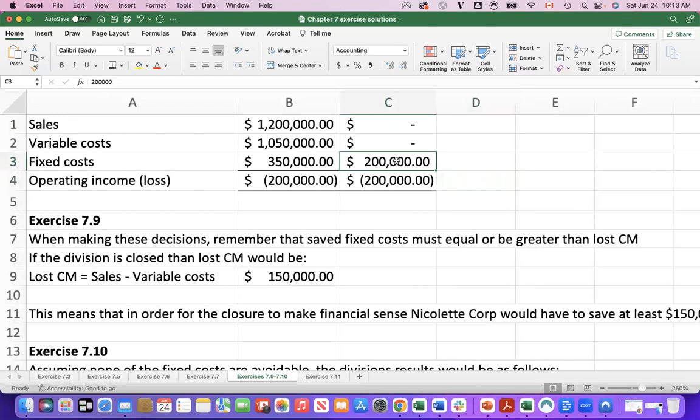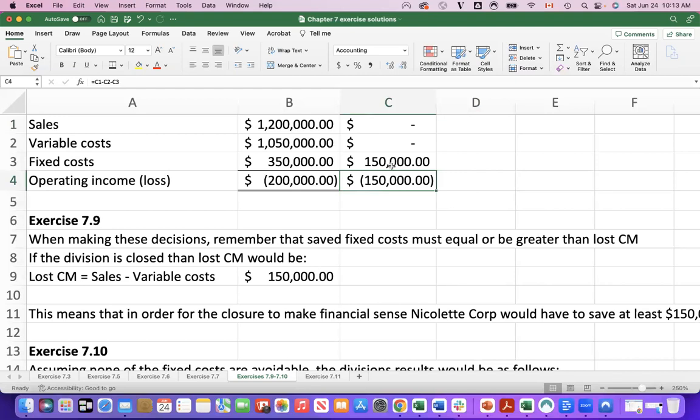Now, what happens if we save more than the contribution margin that we gave up? We gave up $150,000 in contribution margin. Let's say we save $200,000 in fixed costs. So fixed costs drop from $350,000. Now we save $200,000 of it, or we avoid it. Now fixed costs are $150,000. Well, look at that. We're actually better off financially if we were to close this segment in this scenario where we dropped fixed costs from 350 to 150.